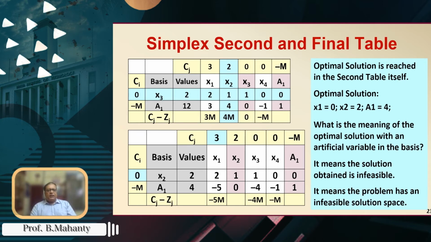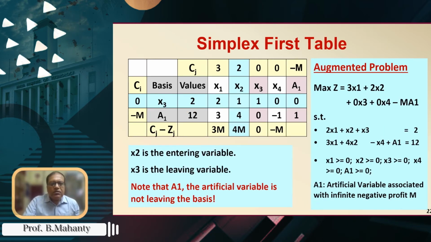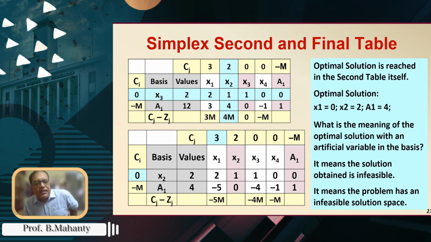At this point x3 leaves the basis and x2 comes into the basis, so this intersecting element is 1. So we have 2, 2, 1, 1, 0, 0, and this 12 becomes 12 minus 2 into 4 by 1, so 4. This 3 becomes 3 minus 4 into 2 by 1, minus 5.